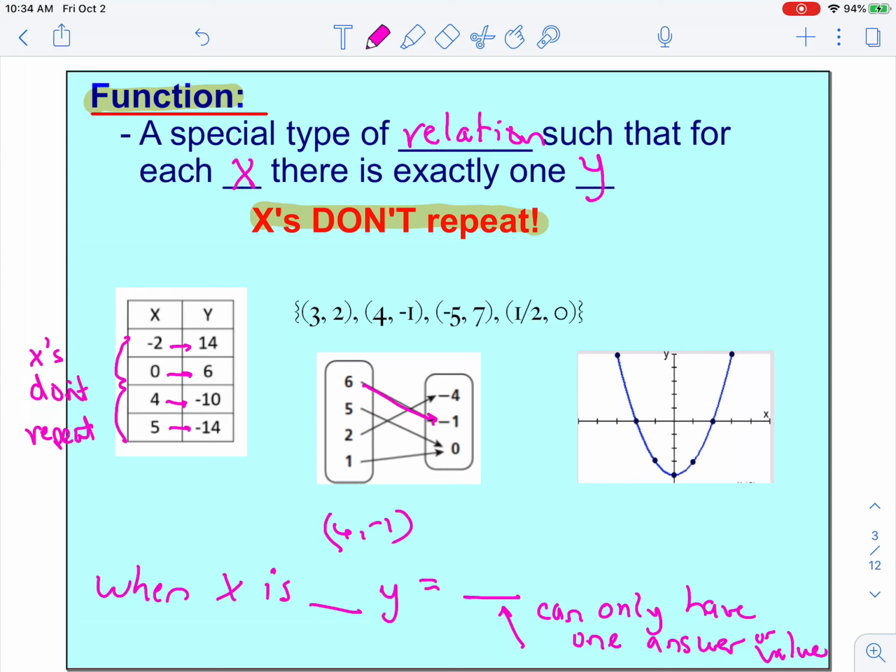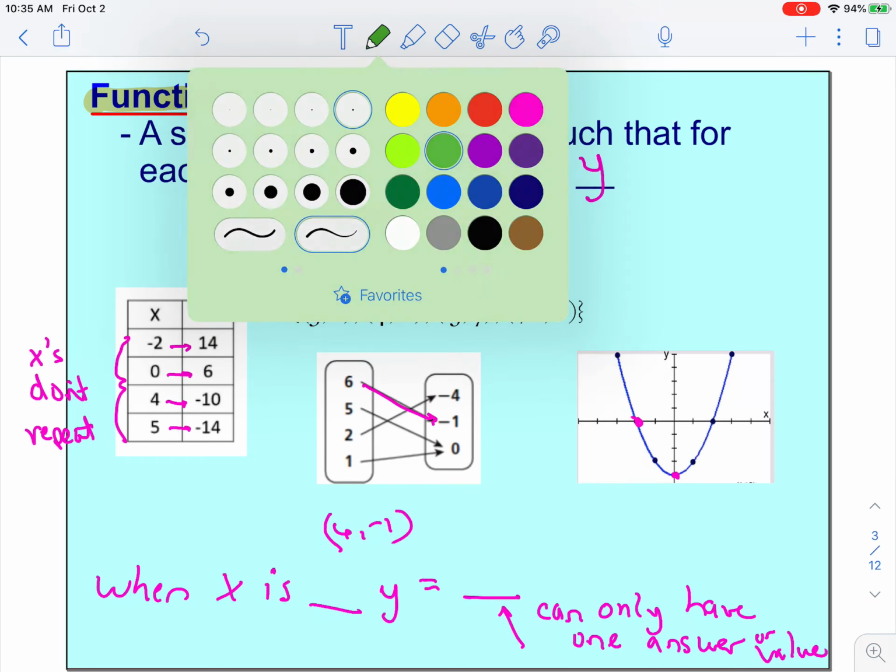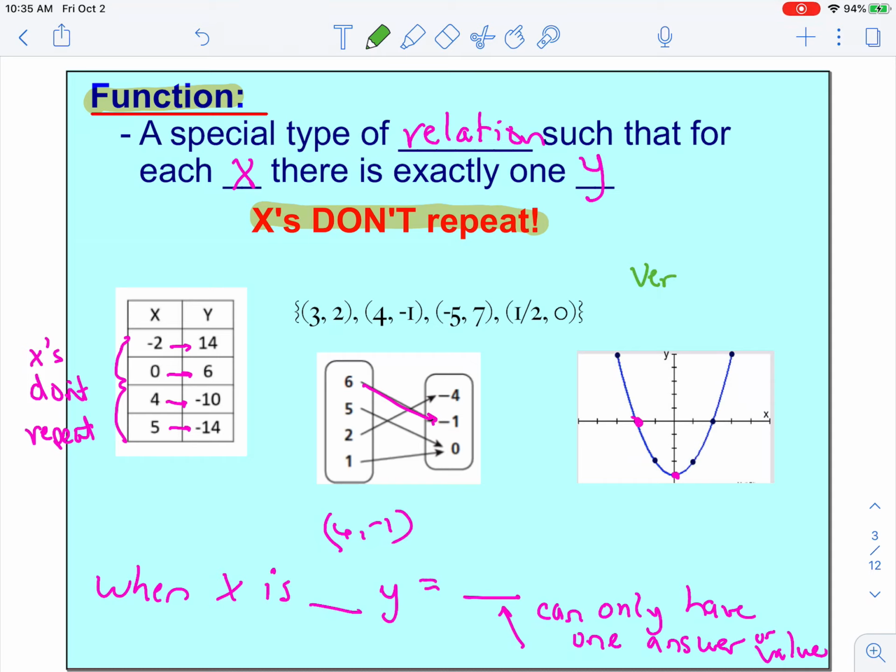Okay? So another way we can look at that is on a graph. When X is -2, Y is 0. When X is 0, Y is -4. So that's what I'm talking about. When X is blank, Y equals blank, there can only be one answer that you say for Y. And one thing we look at with a graph is something called the vertical line test.